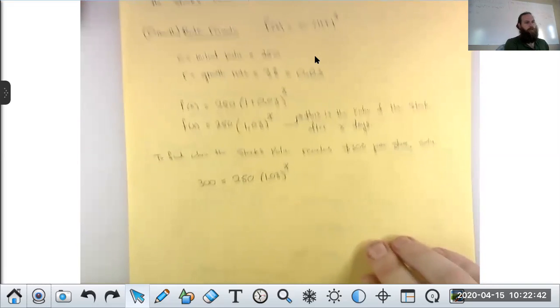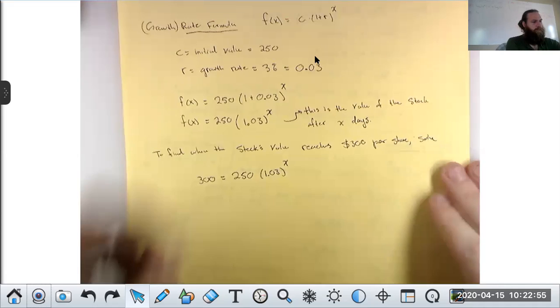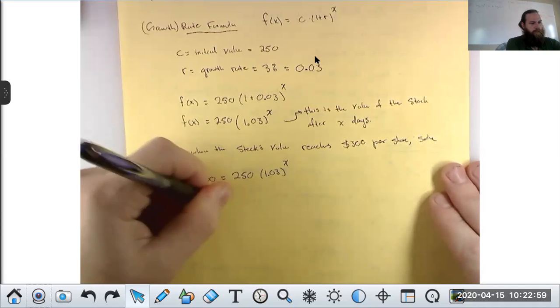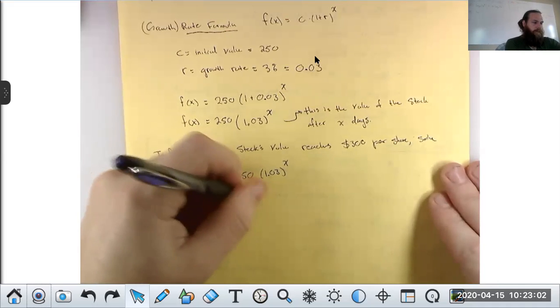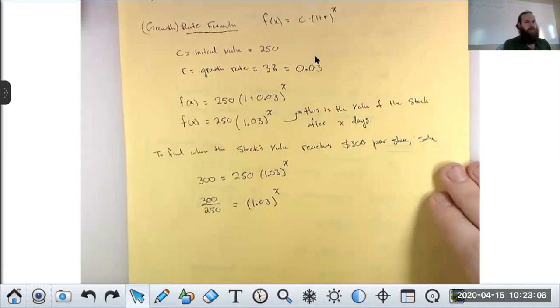And then what would be a good first step in solving this equation? Divide by 250? Good. So that gives me this.